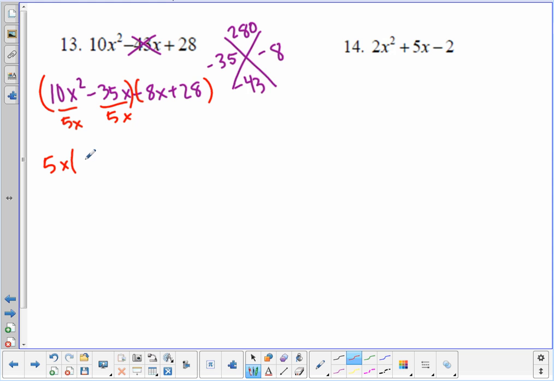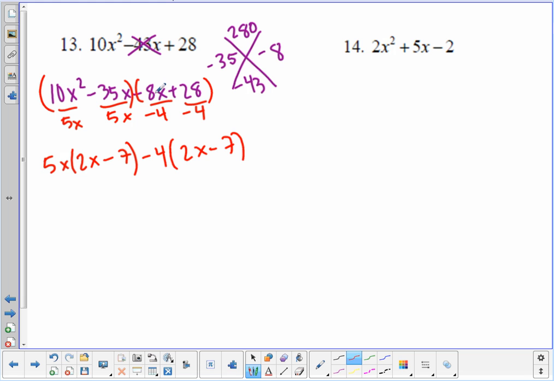And negative 35 divided by 5 is going to be, oh, this one gives me 2x. This one gives me negative 7. And then the second group, negative 8x plus 28, I can take out a 4. But since this one started negative and that one started positive, I need the signs to flip. So I'm going to make that a negative 4 that I take out.